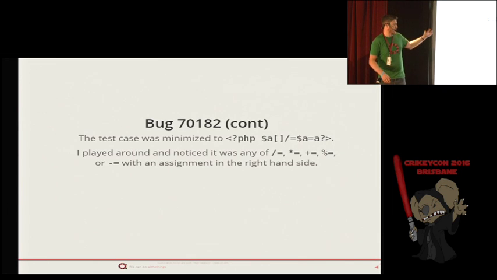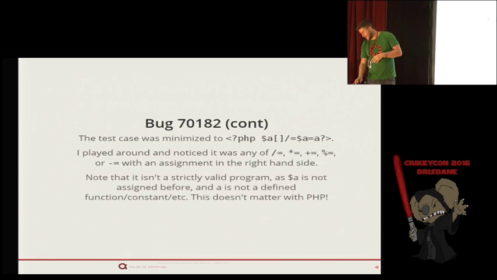It also worked for divide equals, times equals, anything with an operator before the equals. This program isn't actually strictly valid because $a isn't defined beforehand, but PHP, who cares?